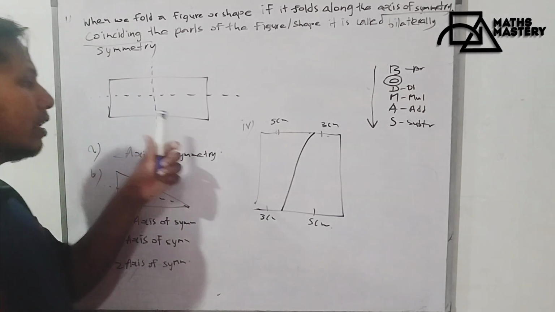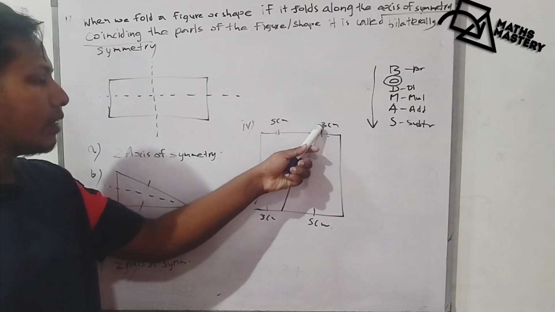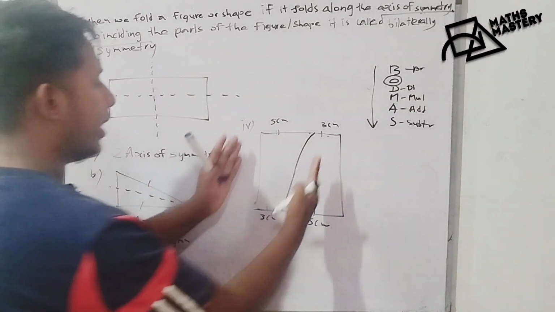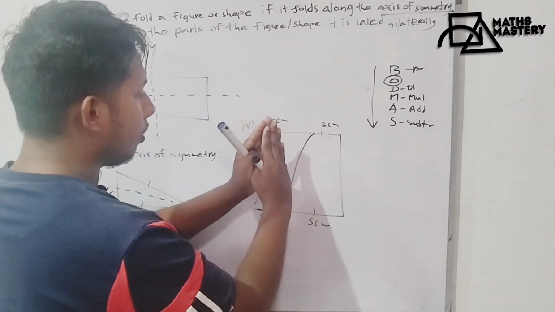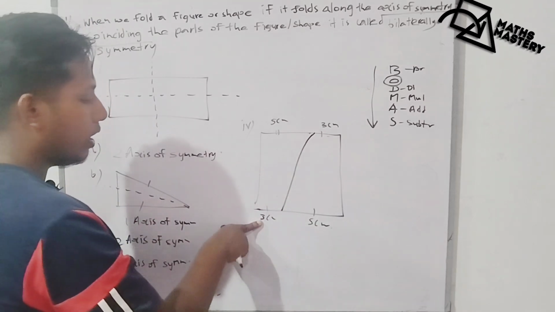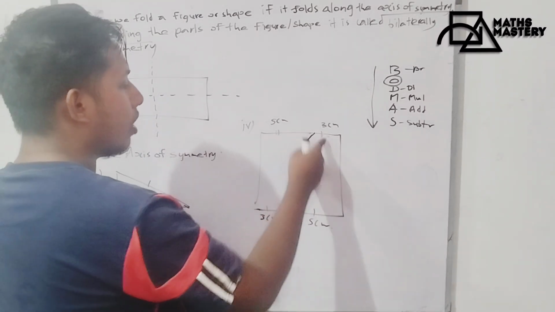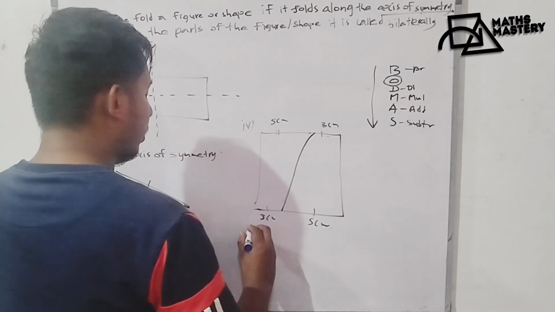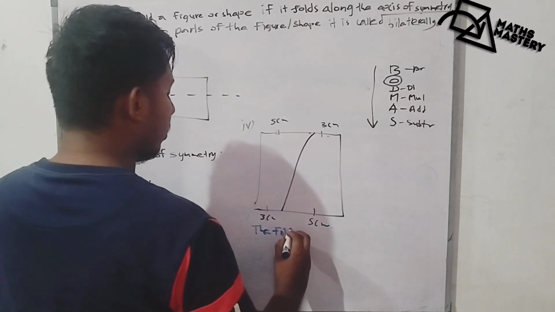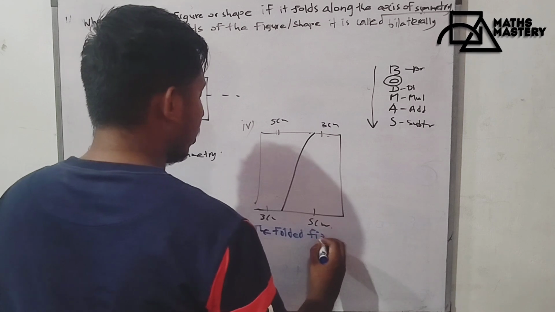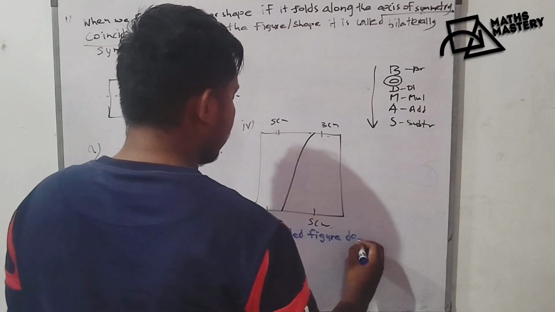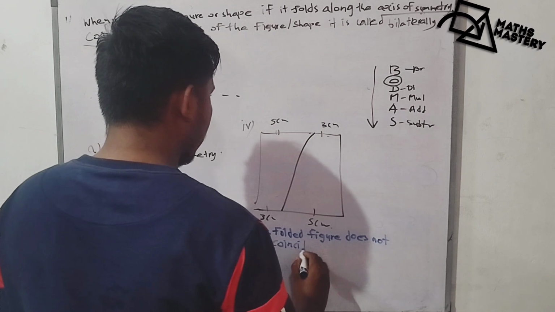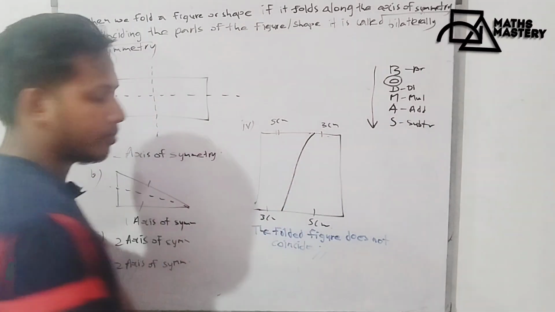Have we learned that in a rectangle we can draw an axis of symmetry like this? Obviously not, because when you fold this from here to here, 5 does not coincide with 3. So what you are going to tell is that the folded figure does not coincide.